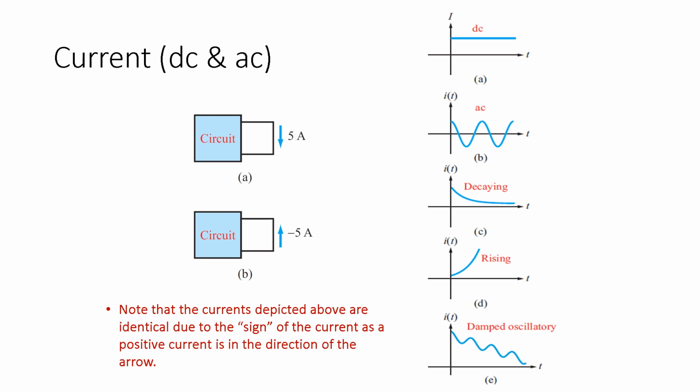For alternating current, we have a slightly different system. Alternating current, which is diagram B on the right, is current as a function of time, and it oscillates up and down, following a sine curve or a cosine curve. The most common example of alternating current is the current that flows through your house.